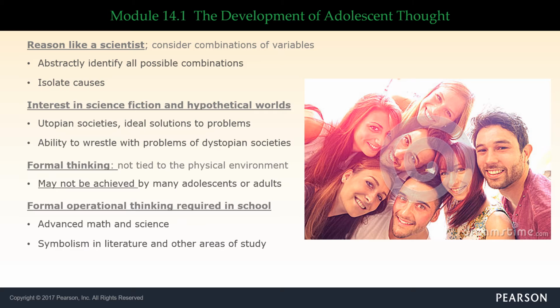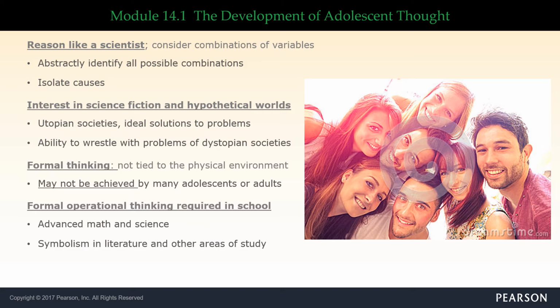So another component of formal operational thought is adolescents start to reason like a scientist or consider combinations of variables. That means that they're becoming much more effective in abstract thinking and abilities to make all kinds of possible combinations and isolate causes. And they also become really interested in science fiction and hypothetical worlds.